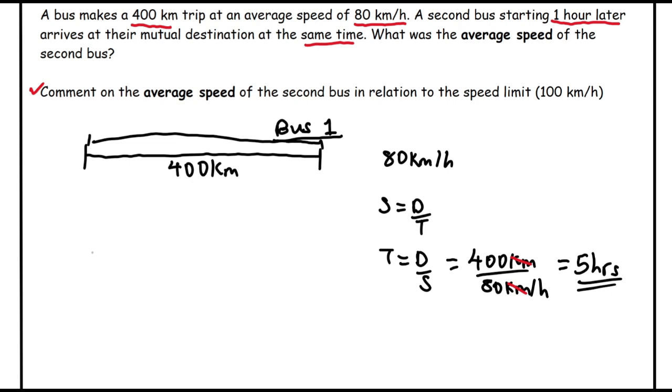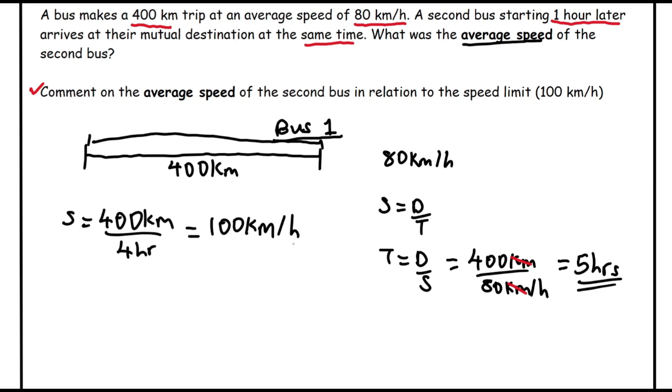So let's find the average speed of the second bus, because we know the time it takes, which is 1 hour less. Speed is equal to distance, 400 kilometers, over the time taken, which is 4 hours. That means that its average speed is 100 kilometers per hour.